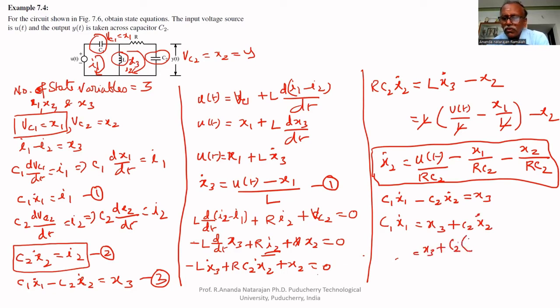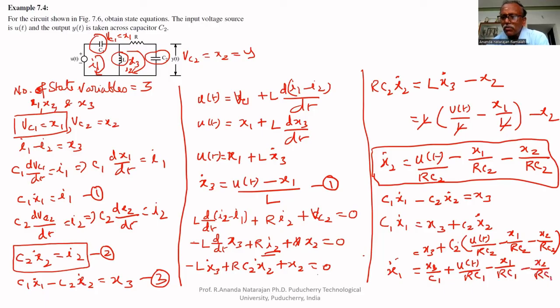Already we know, we have to substitute here: u of t divided by RC2 minus x1 divided by RC2 minus x2 divided by RC2. Therefore, C2 gets cancelled. Therefore, x1 dot equal to x3 by C1 plus u of t divided by RC1 minus x1 divided by RC1 minus x2 divided by RC1. That is x1 dot. So we got x1 dot, x2 dot, and x3 dot.